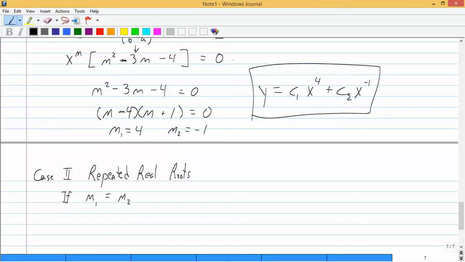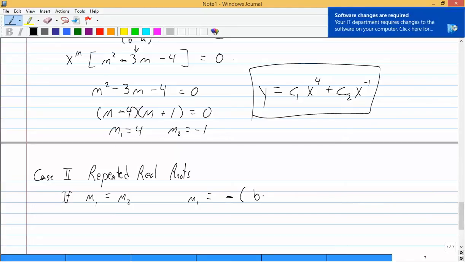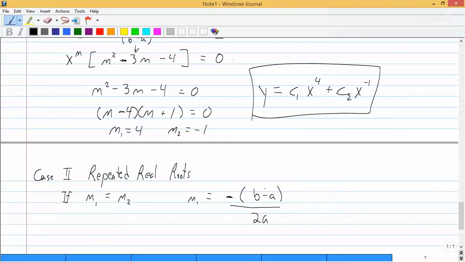Okay? So m sub 1 has to be equal to the negative of b minus a all over 2a. This is the middle coefficient, right?